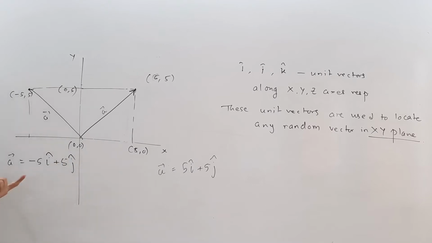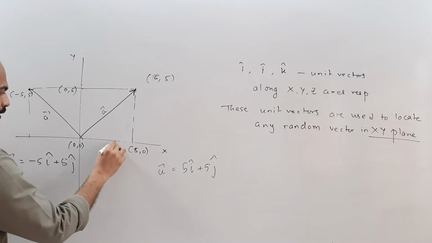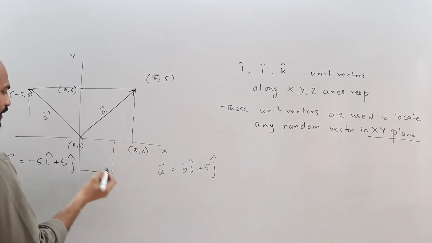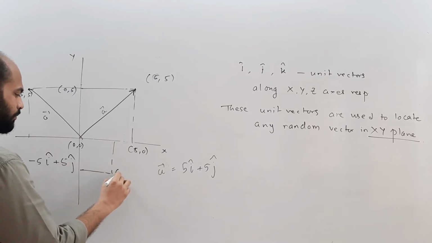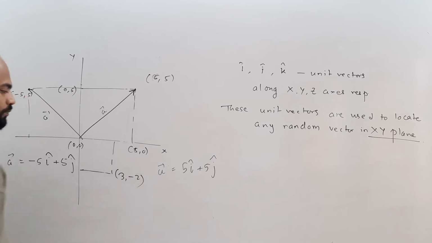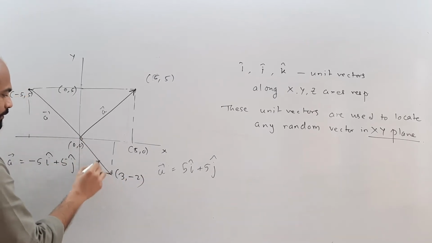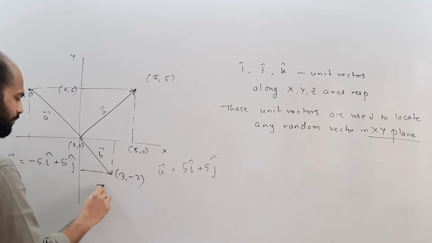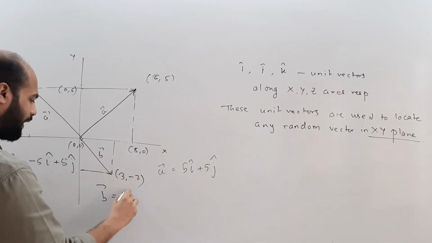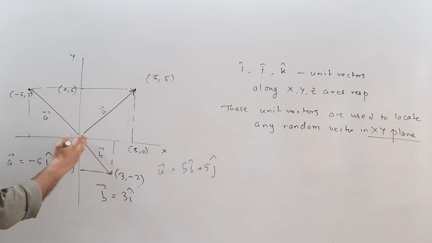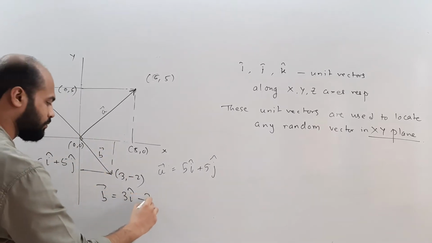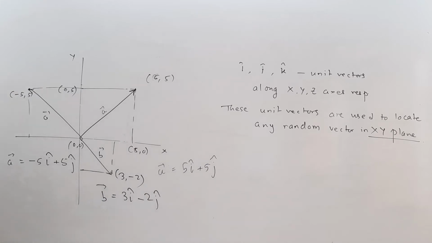This is how we can locate this vector. Let's take another point here, 3 comma minus 2. Let's say this vector is b, and it is defined as 3 i cap, because it is 3 units along positive x, and minus 2 j cap, because it is minus 2 units along the y axis.